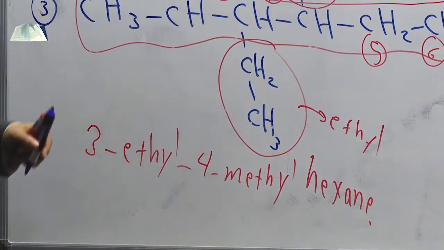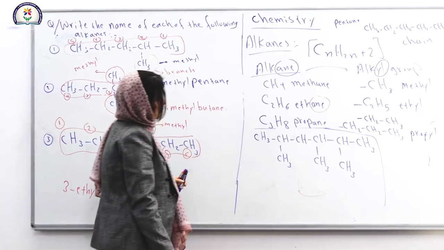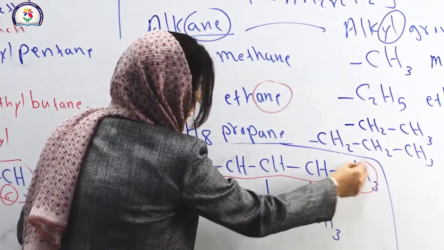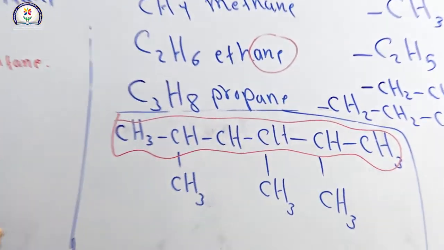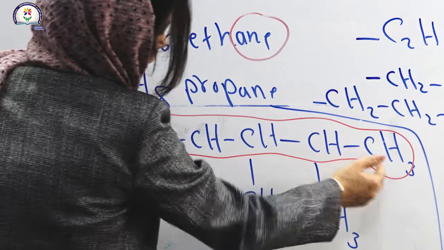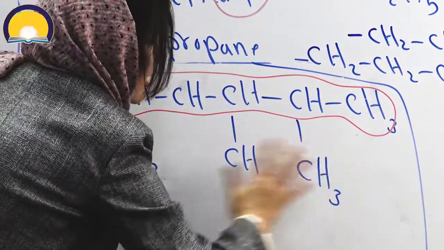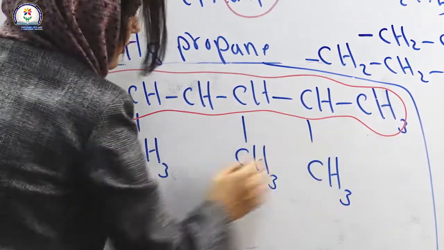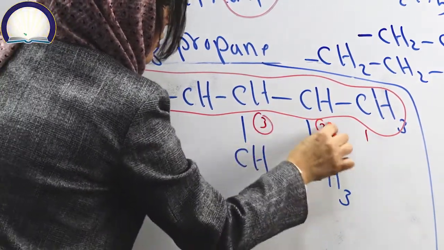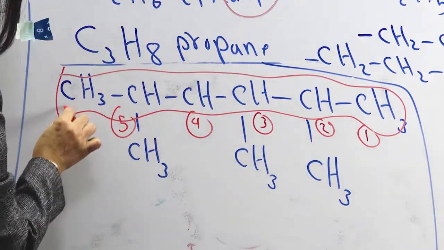I'm going to assign the name of this compound. What should we do? We choose the longest chain. I am going to number the chain from this side. Why from this side? Because we have many branches at this side. 1, 2, 3, 4, 5, 6.